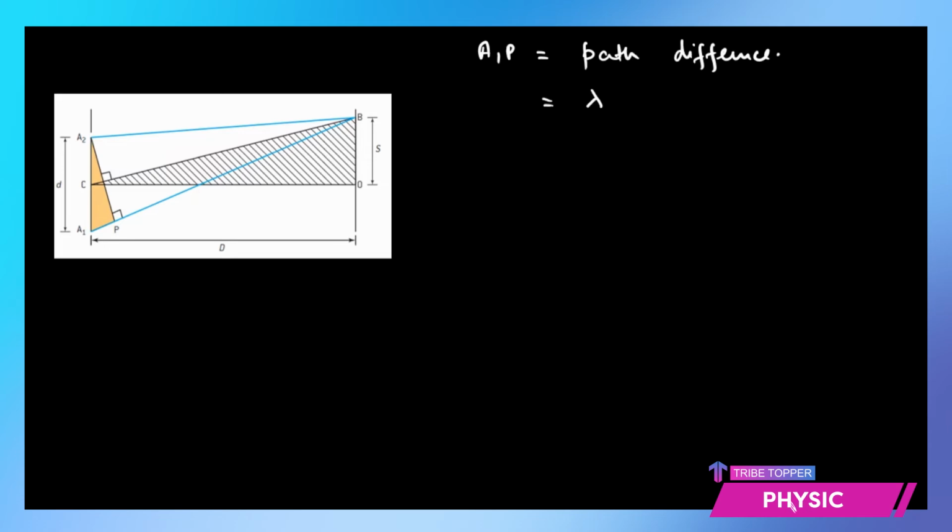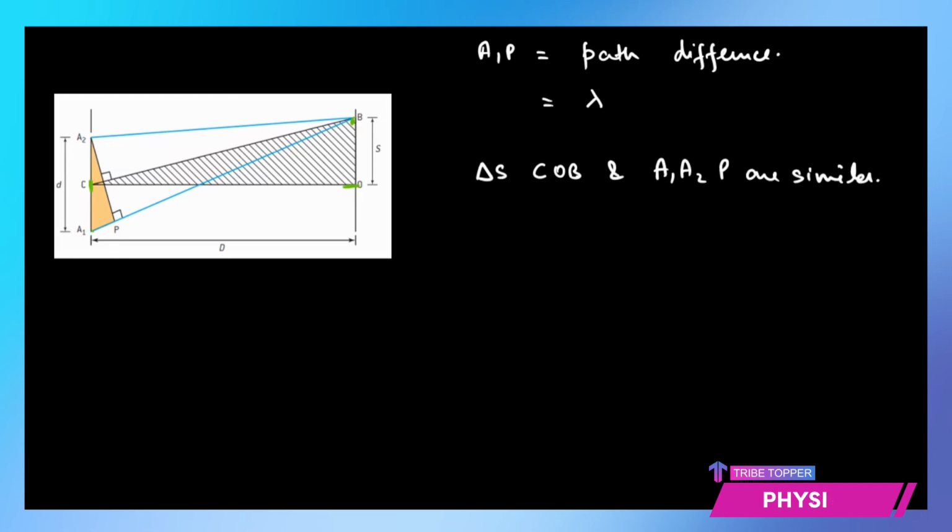So as you now see, there are two triangles. The first triangle is COB, starting from C, O, B. This is a right angle triangle, and the other triangle is A1A2P. Triangles COB and A1A2P are similar triangles because they both have a right angle at this point.